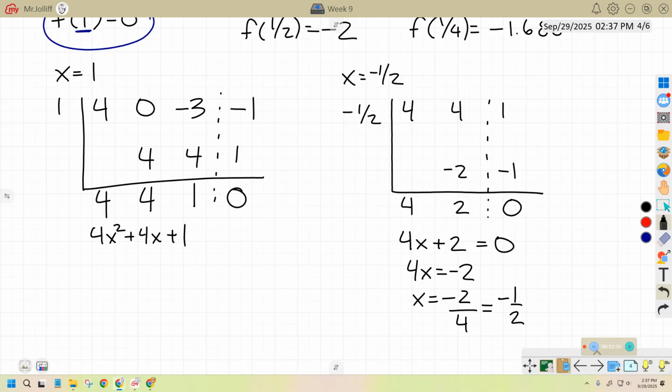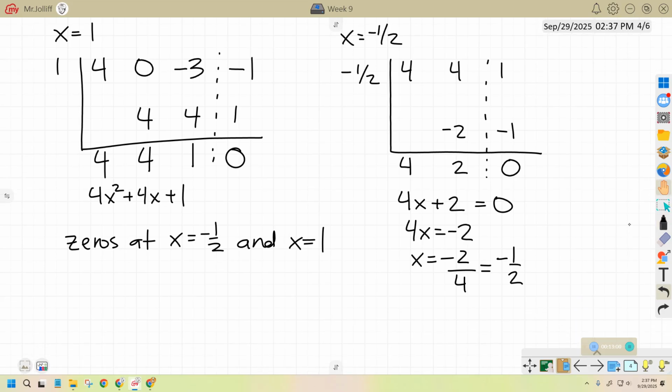What that means is this polynomial only has 2 real zeros. So zeros at x equals negative 1/2 and x equals 1. And I want to be able to indicate to other mathematicians that one of those repeats.